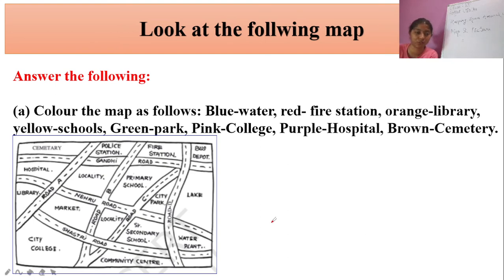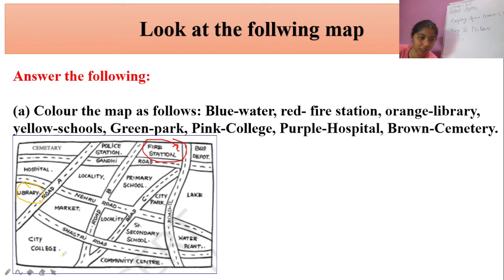So let's do it, students. As we require red color for the fire station, we have the fire station here. And we need a different color, orange, for the library.